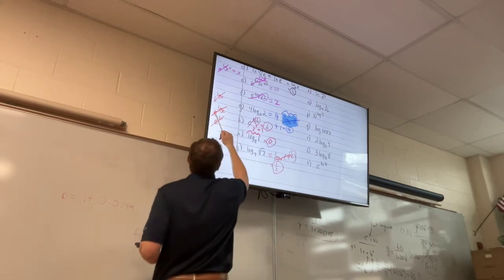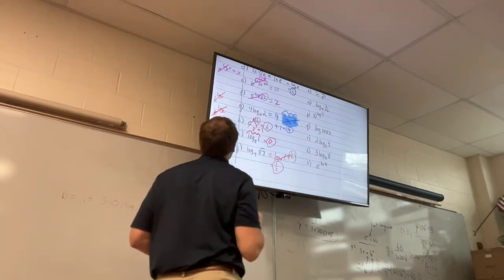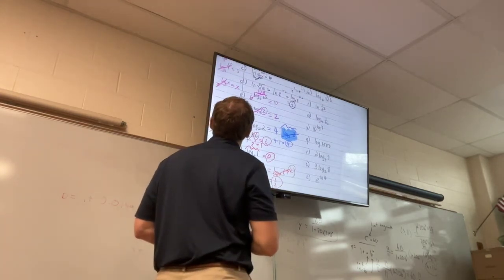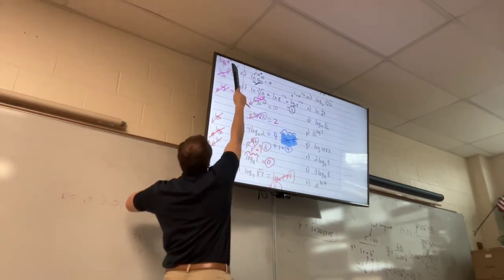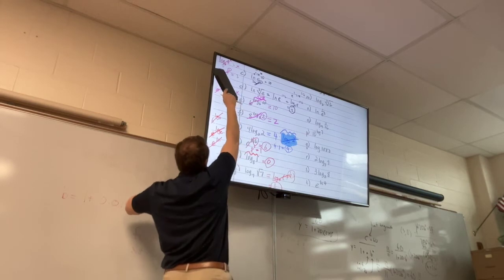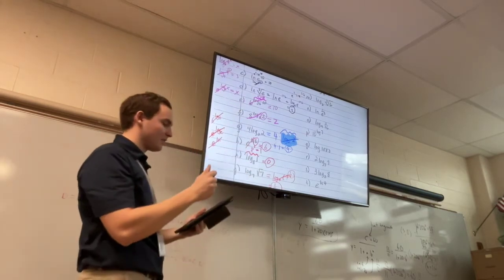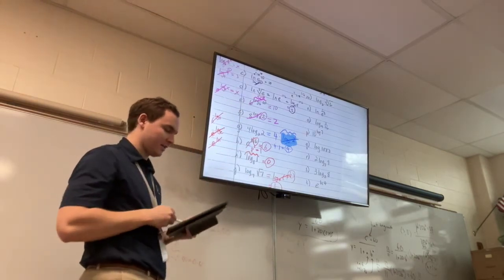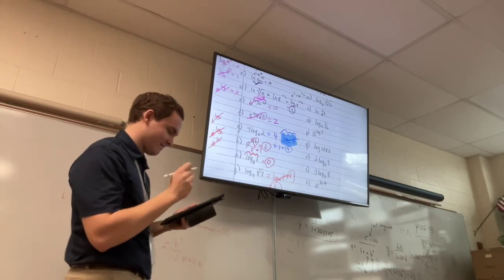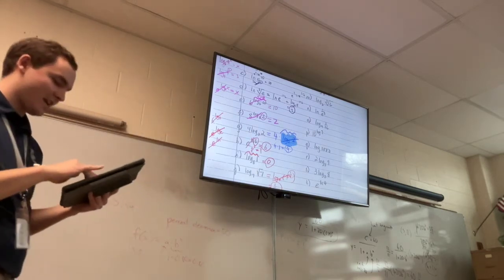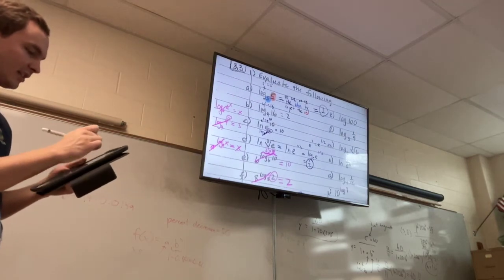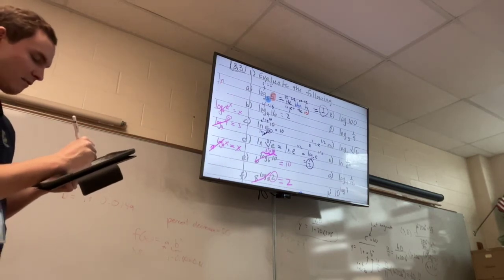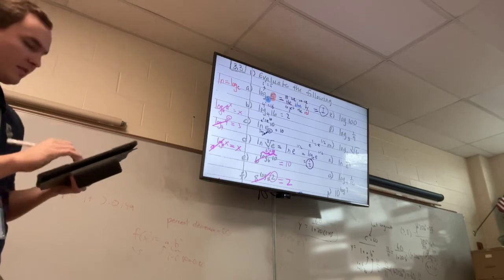Whenever we have a number inside a logarithm with the same base, they cancel. Okay, so that's what we got so far. And then another thing is ln just equals log base e. It's one thing we got to note, okay?